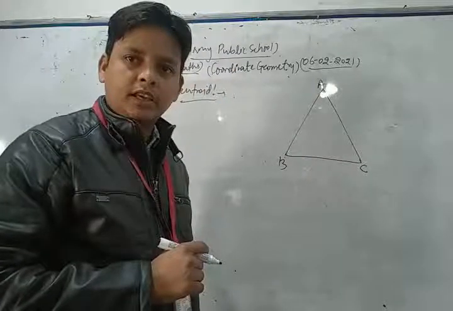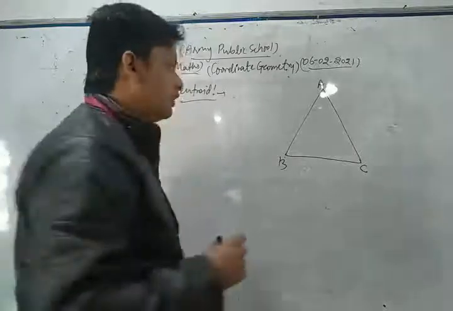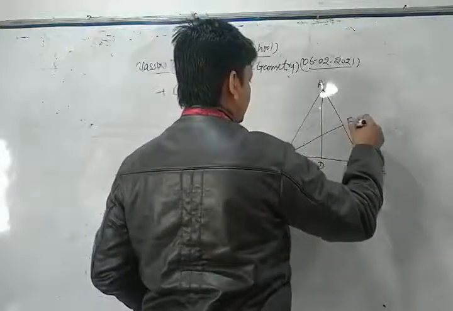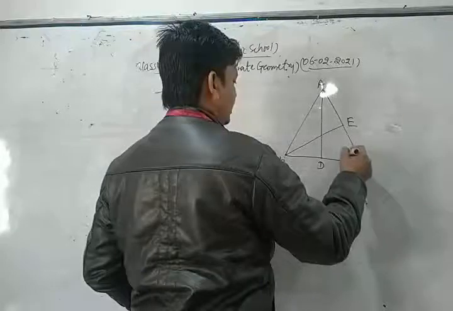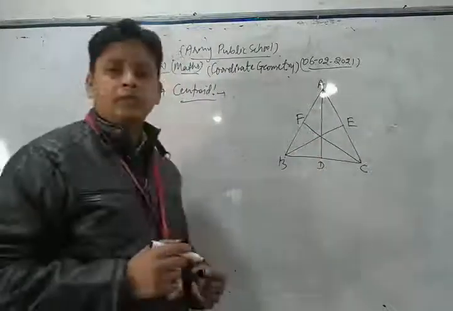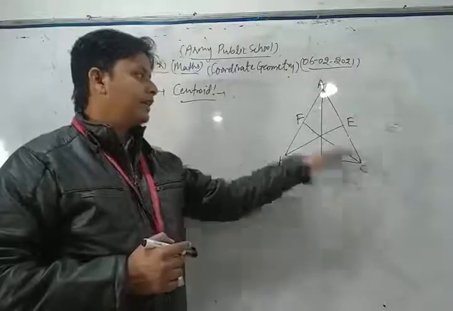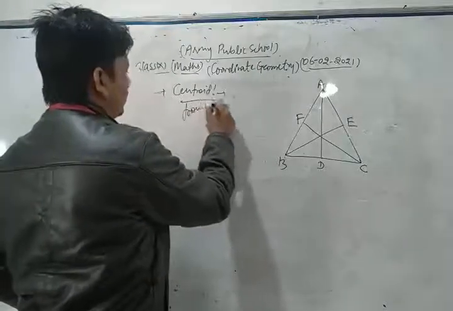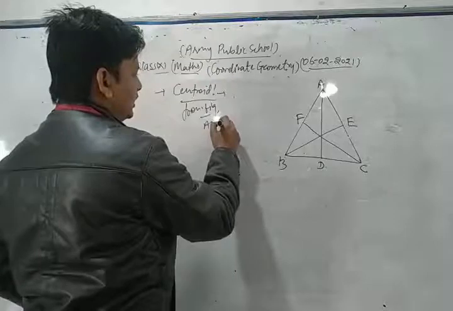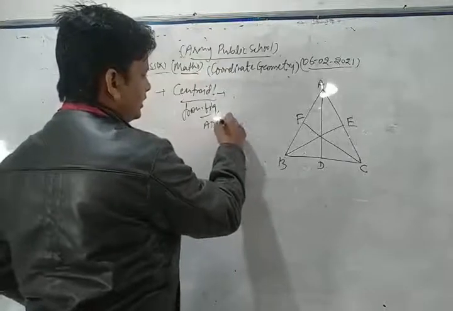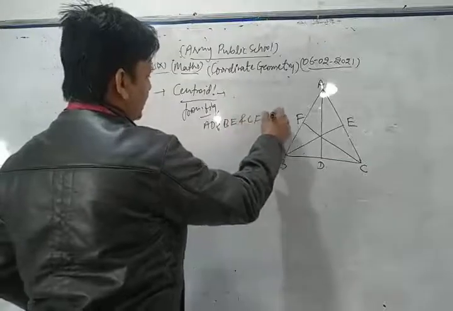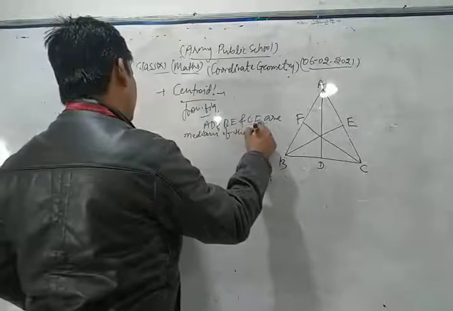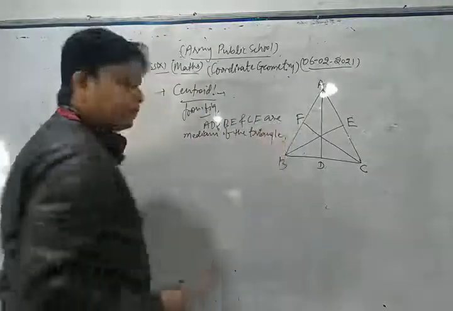In that triangle we draw AD, BE and CF, which are the medians of the triangle.